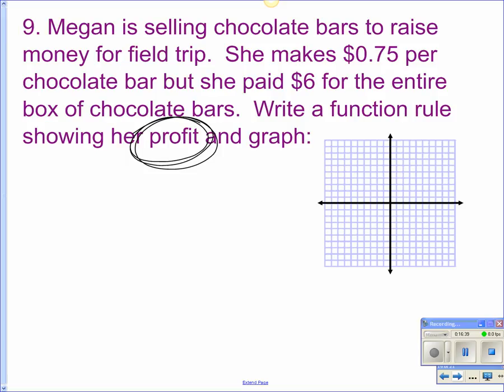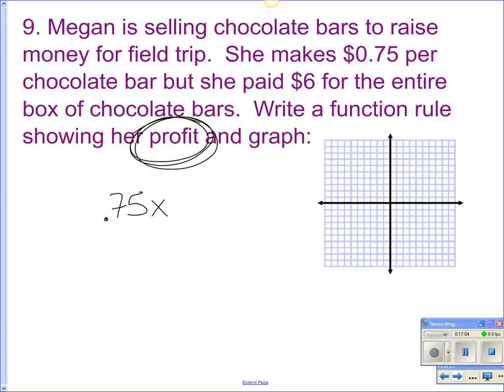The money you get. So how's Megan getting money? She's selling candy bars for how much? Okay, so the way she's getting money is by selling them for 75 cents. What do I need to put with that? X. So, profit is the money you get.